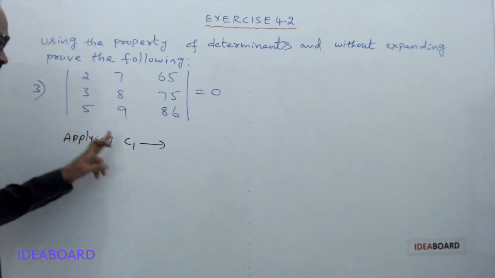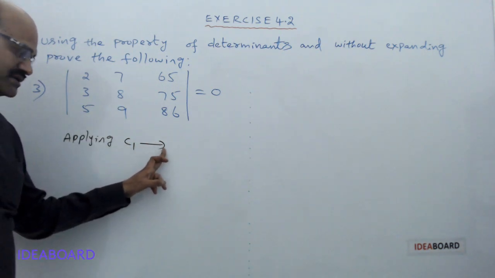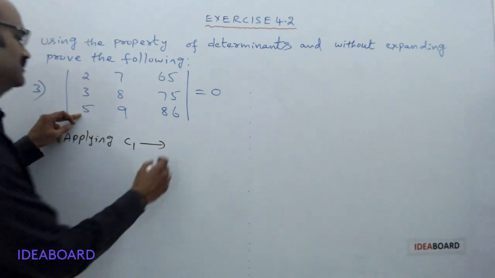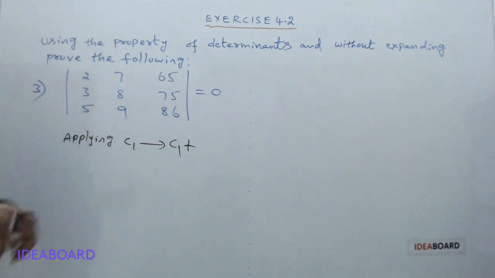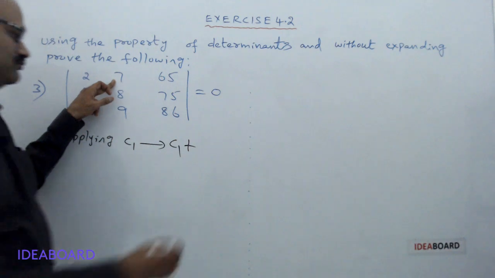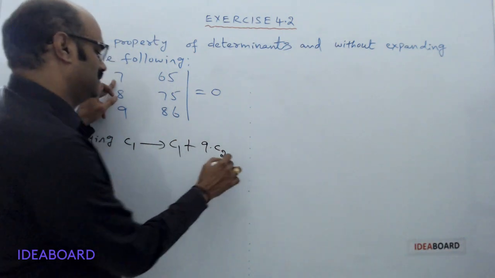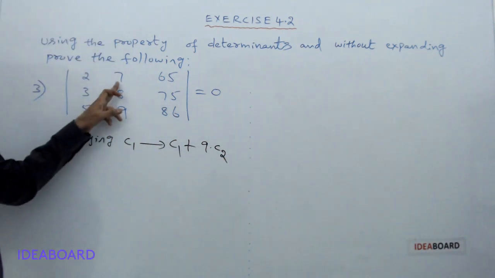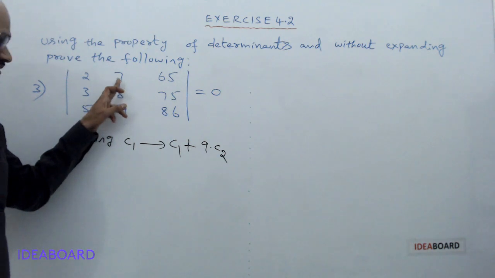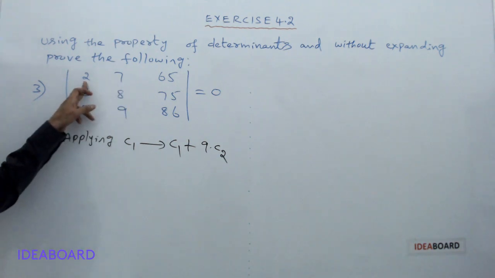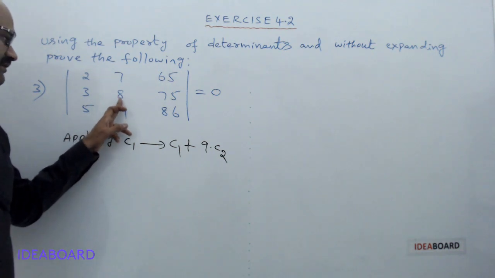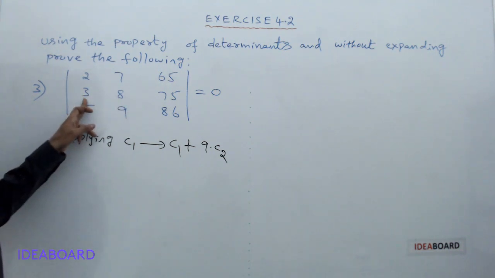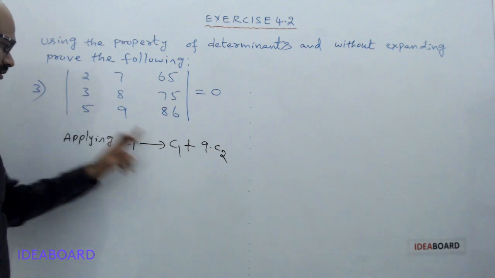So to get it, C1 changes to C1 plus 9 into C2. 9 into 7, 63, plus 2, 65. 9 into 8, 72, plus 3, 75. Same.